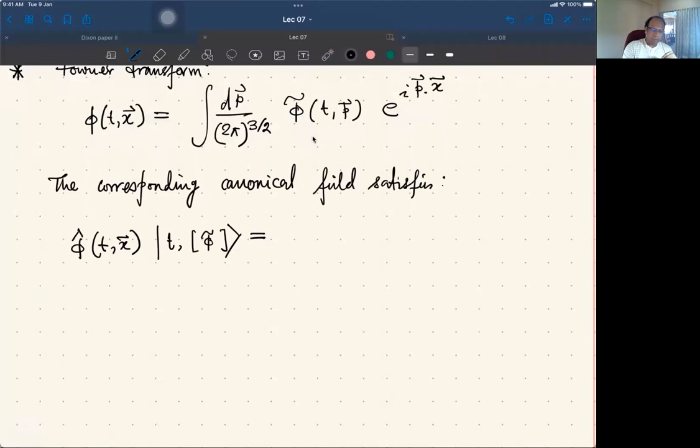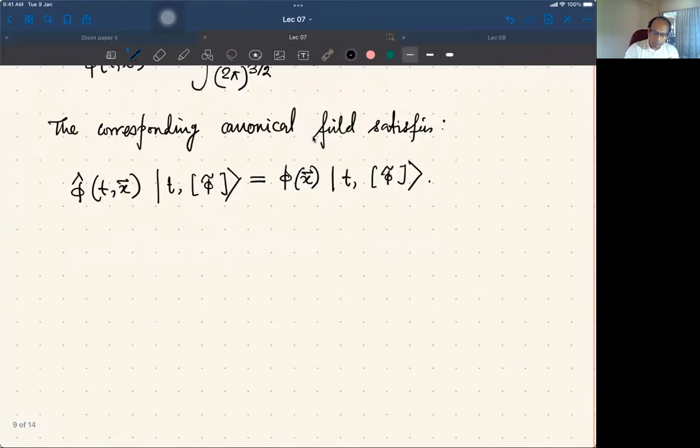Because when you act by phi hat(t, x), you think of acting by this quantity, and this operator is going to act on this state and will give you phi tilde of p, and that therefore you will get the function phi of x, which is the Fourier transform of phi tilde of p vector times t comma phi tilde. So this is the Fourier transform of phi tilde of p.